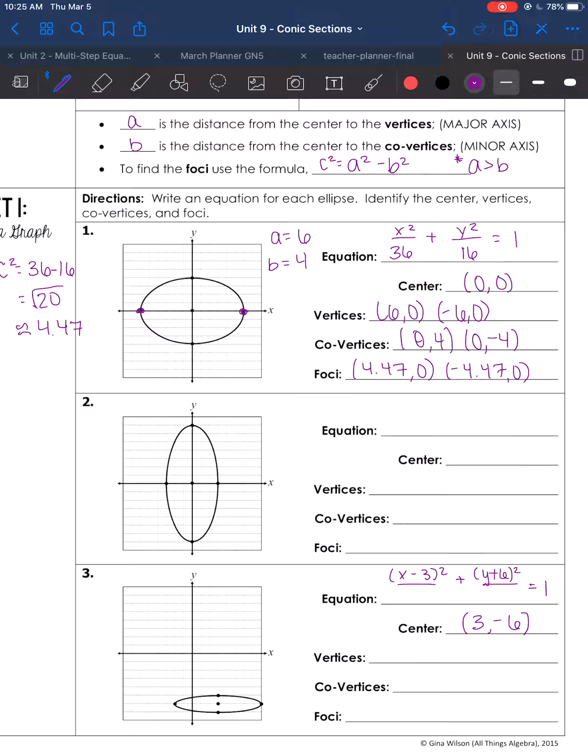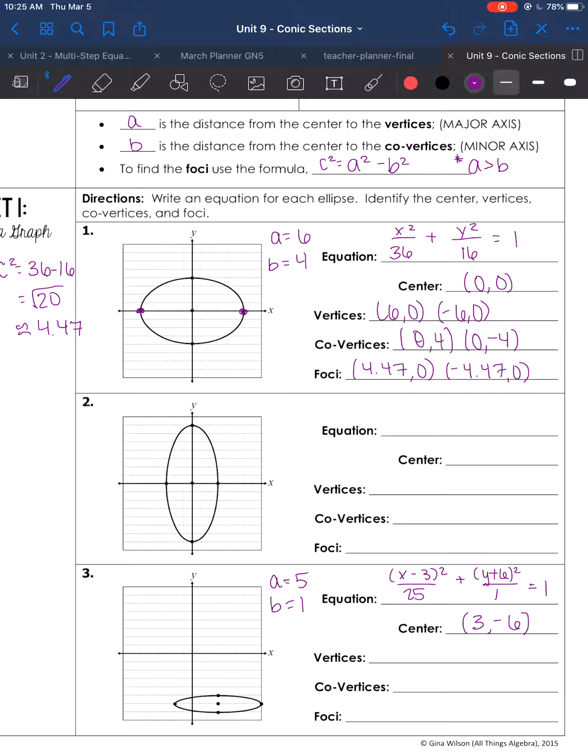And then I have to figure out what a and b are. It's going to be horizontal, so a will be under the x. So a is 5, which means a squared is 25. And then b is 1. I can put a 1 or I don't have to.